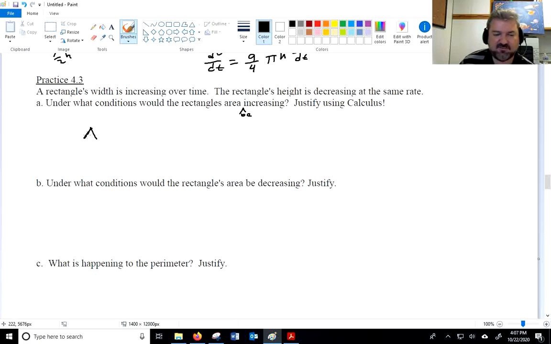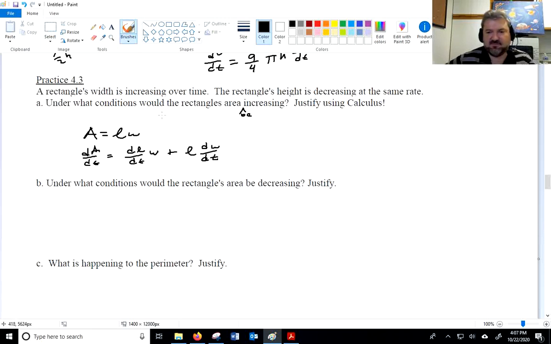Well, we know that the area of a rectangle is equal to length times width, right? We know the width is increasing over time and the height is decreasing. So dA/dt, let's use the product rule. This would be the derivative of the first, so dl/dt times w, plus the first times the derivative of the second, which would be dw/dt.